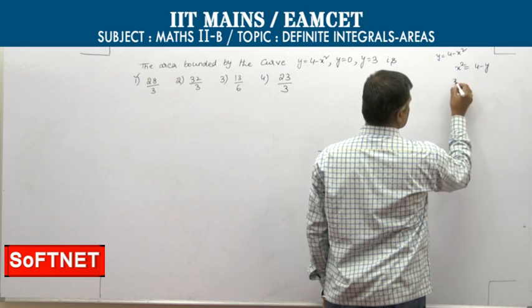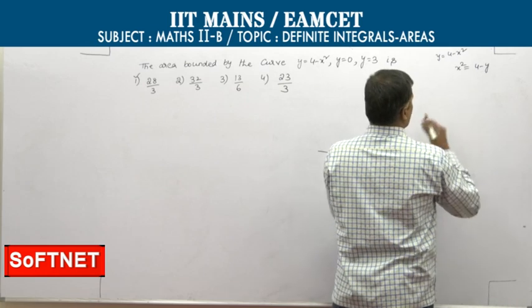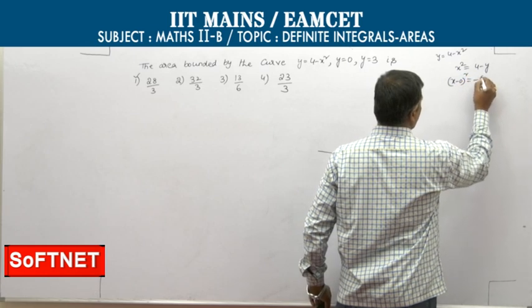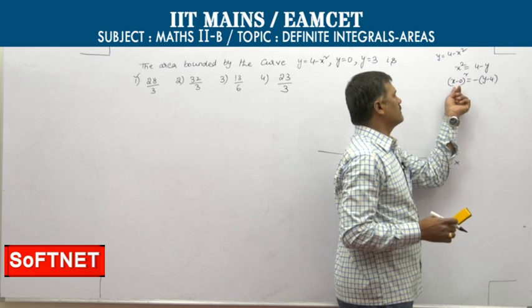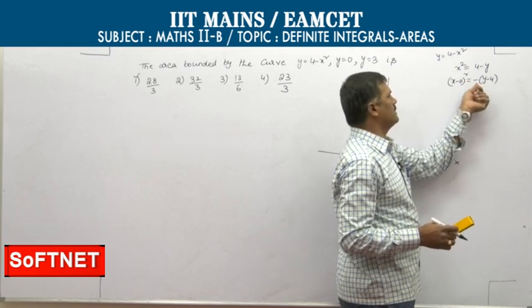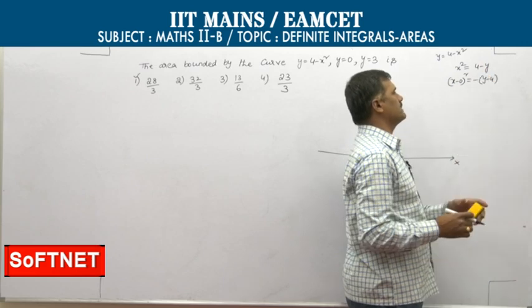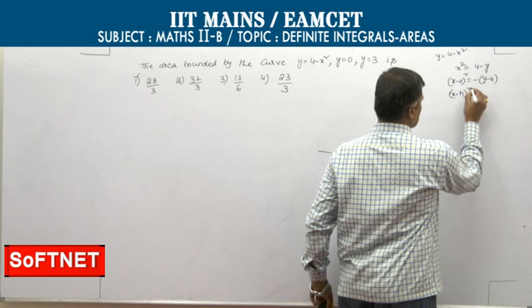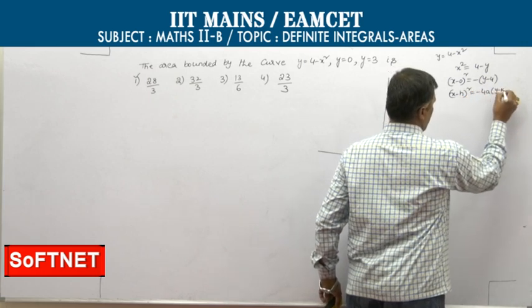This can be written as x minus 0 whole square is equal to minus, common, y minus 4. Check it: x square is equal to minus into y minus 4, which is in the form of x minus h whole square equal to minus 4a into y minus k.